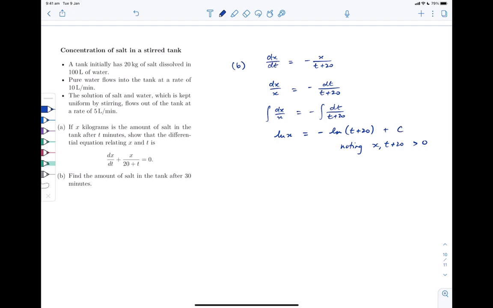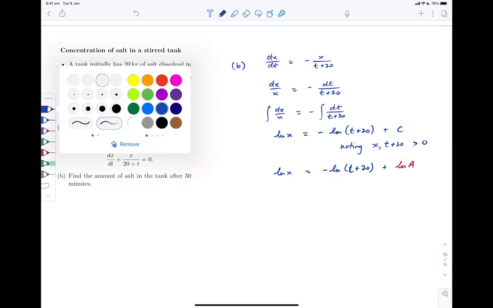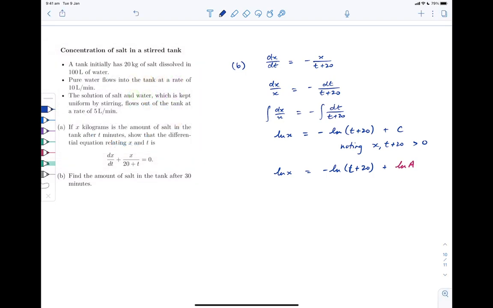I'm going to make a change and do a new line: ln of t plus 20 plus, and then instead of c, I'm going to call it ln a. Now a is just a constant. The only question you could ask is, could that have been a negative thing? Because that can't be negative. But anyway, I'm not going there now.